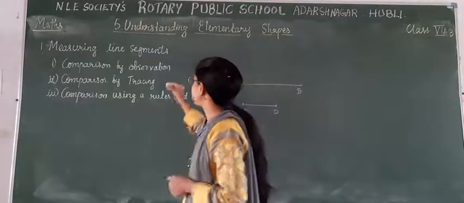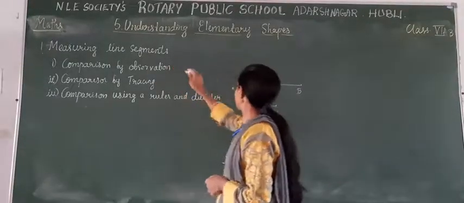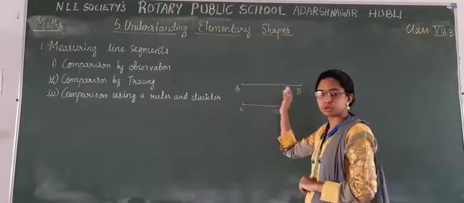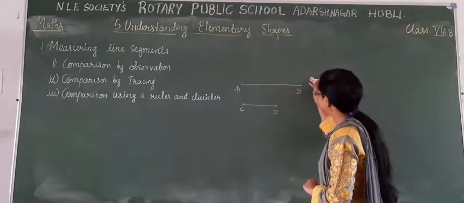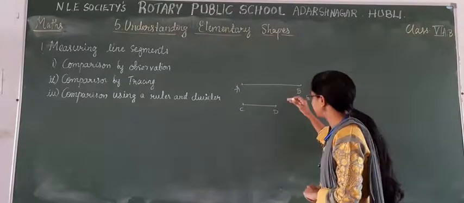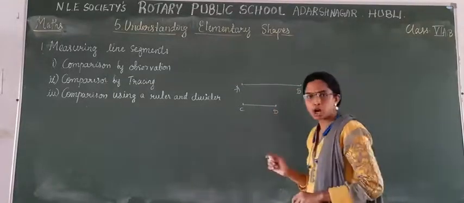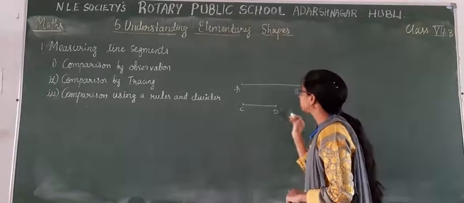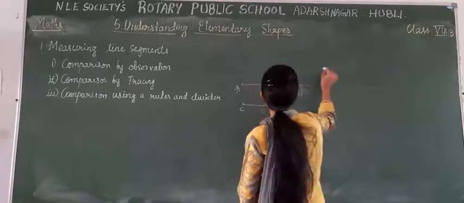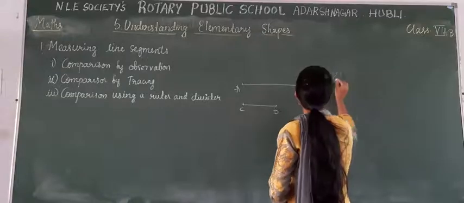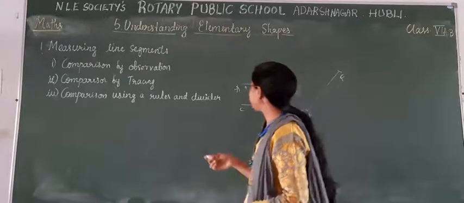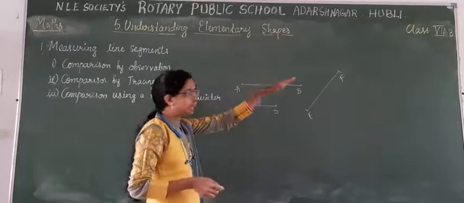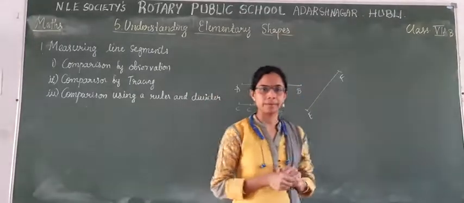First thing, comparison by observation. When you see the two line segments, easily you can say that AB is longer and CD is shorter. But sometimes, suppose a line segment is there like this, EF. How can you compare these line segments by observing?